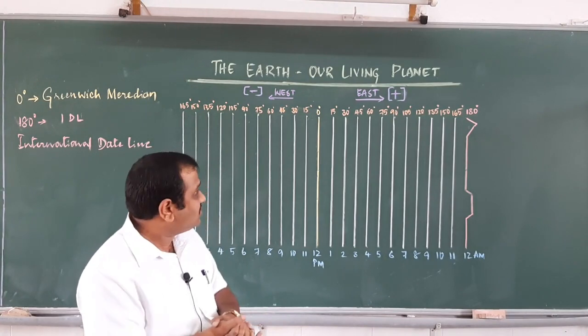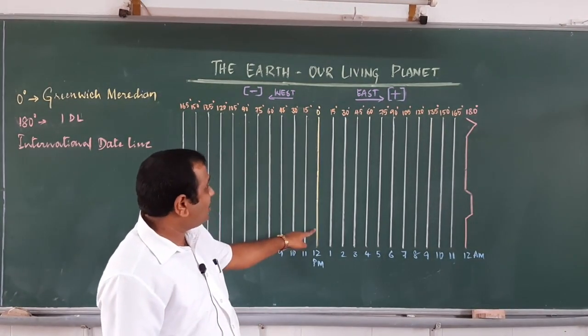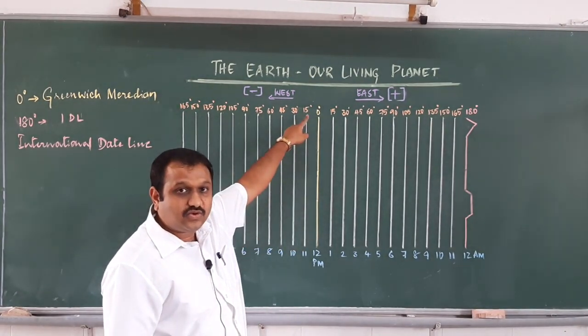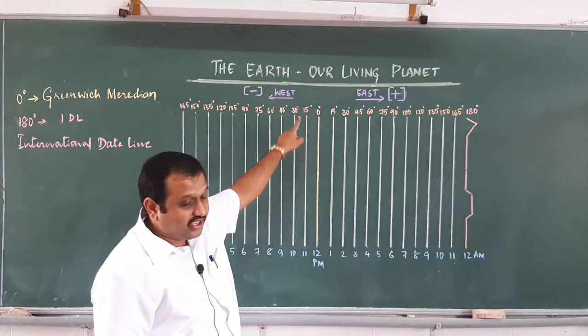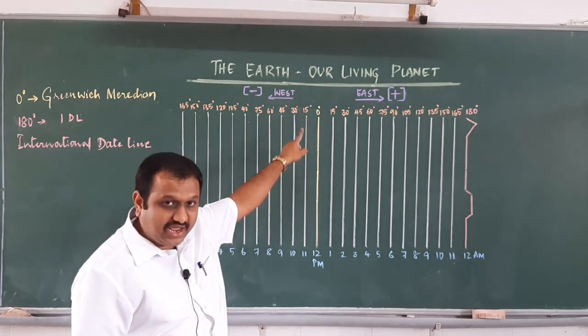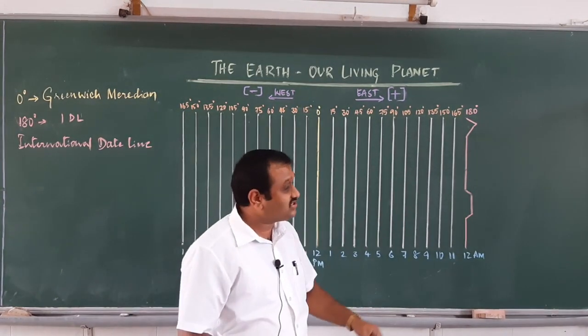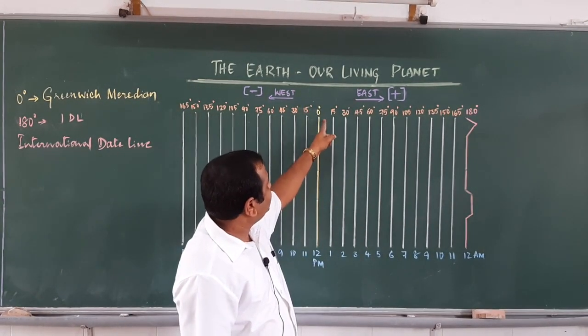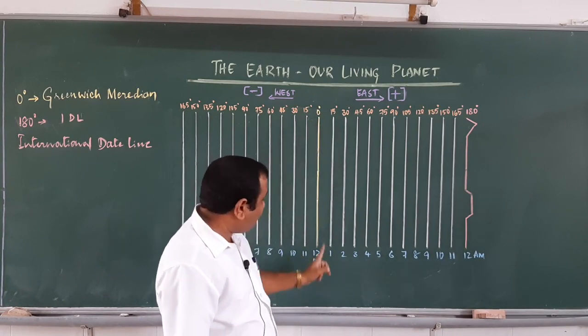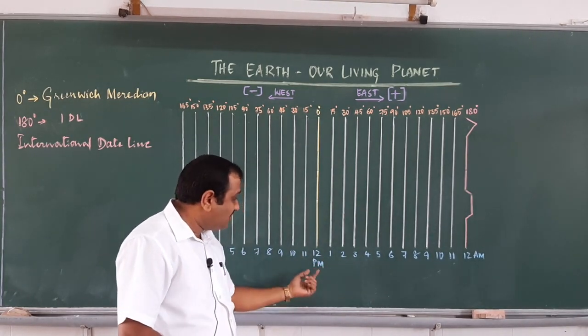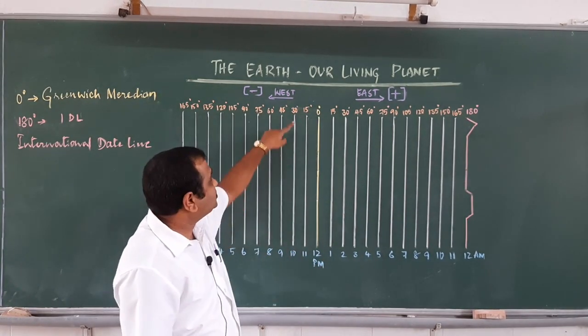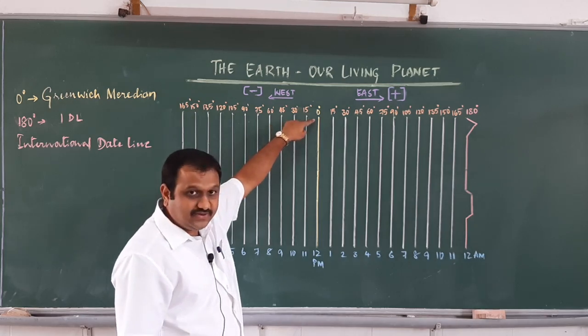Dear students, this 0 degree line, which we call the 0 degree Greenwich meridian line, also the prime meridian, coming to this side, from 0 to 15 degree, there is a gap of 1 hour. See the bottom side, if you consider, it is 12 noon in Greenwich city.